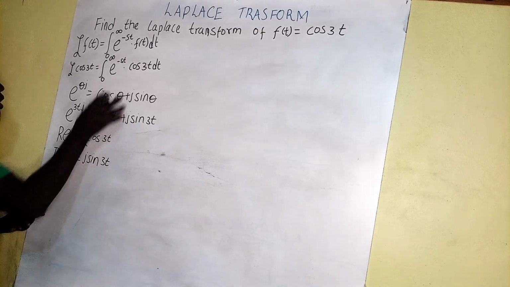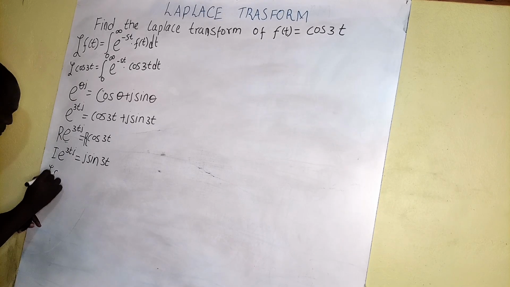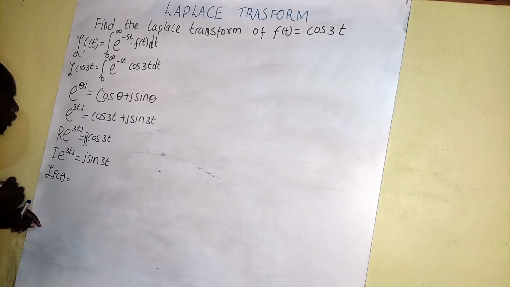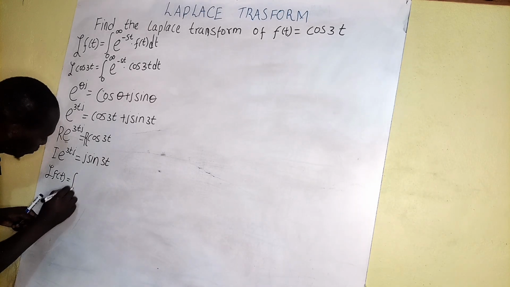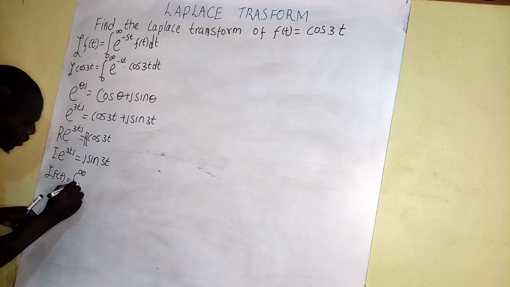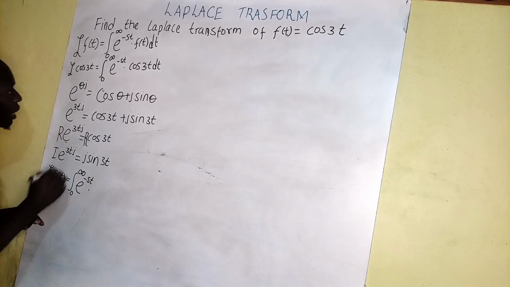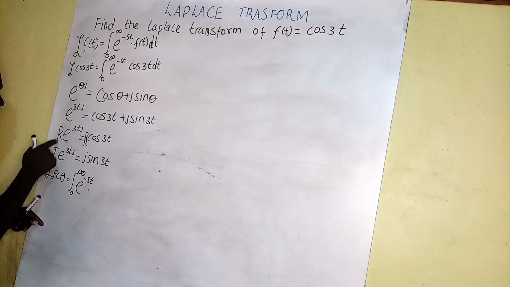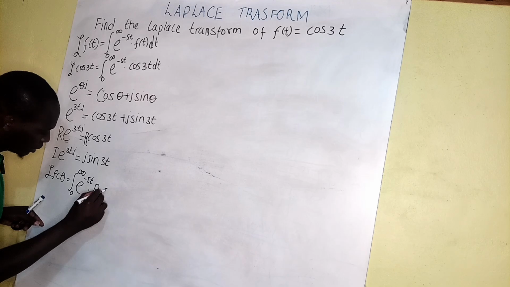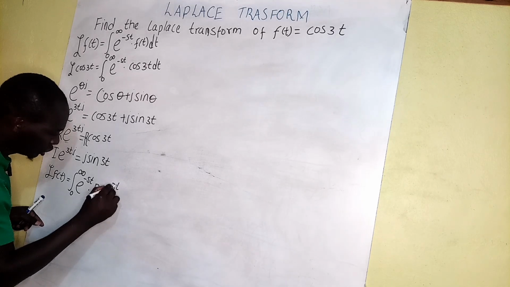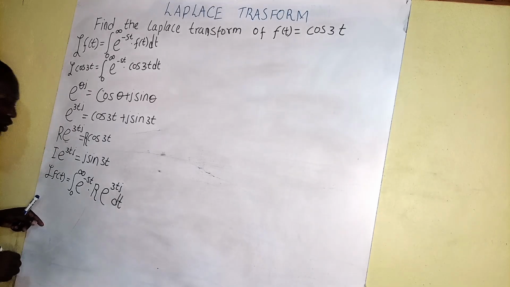At this point, we can get back to our working, whereby we say that the Laplace transform of our function f(t) was equal to the integration, with respect to our limits, of exponential negative st multiplied by cos 3t, but here cos 3t will be equal to R exponential 3tj, and our integration is with respect to dt.